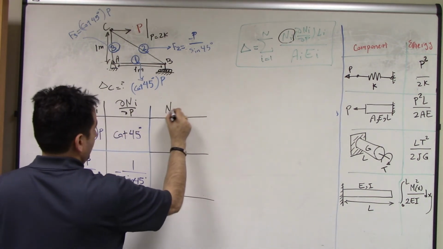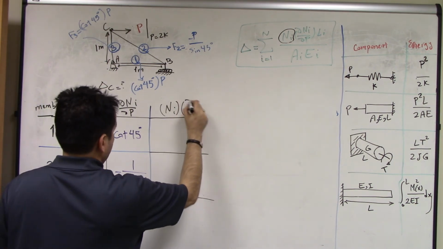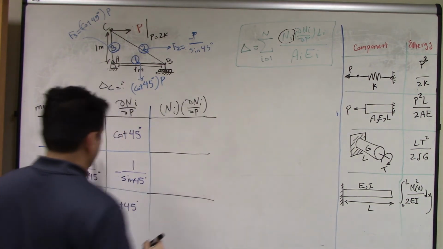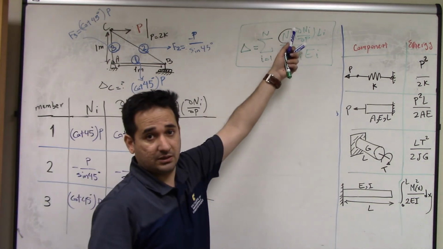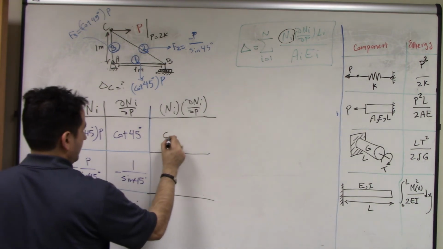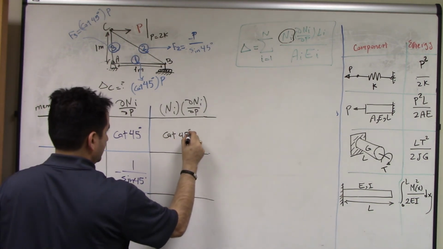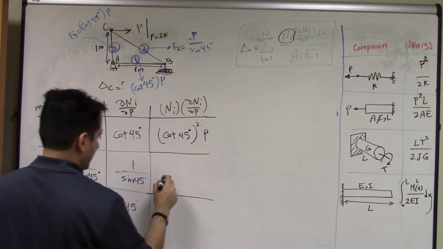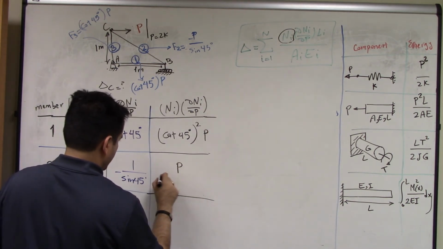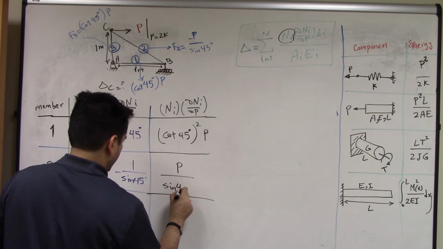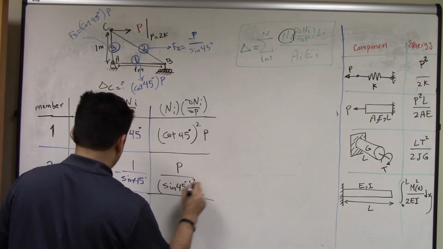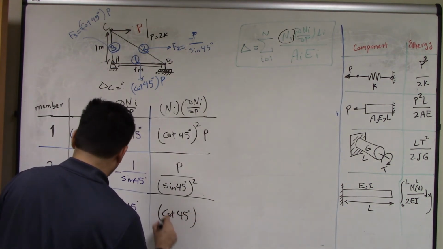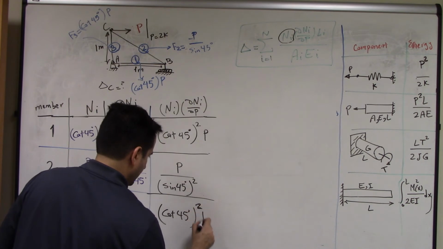And this is Ni, product of Ni times partial Ni, partial P. This product, which is this, right? So the first becomes cotangent 45 degree to the second power times P. The second one becomes P over sine 45 degree squared, and then cotangent 45 degree squared times P.